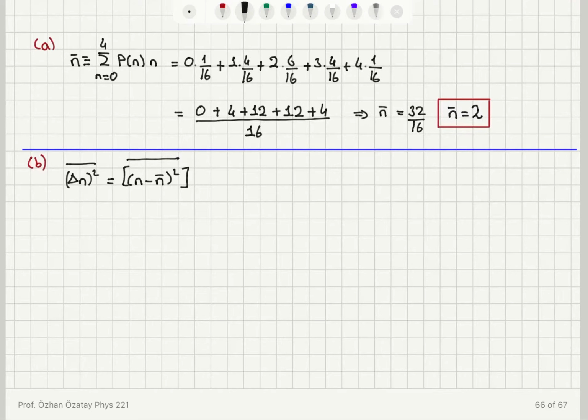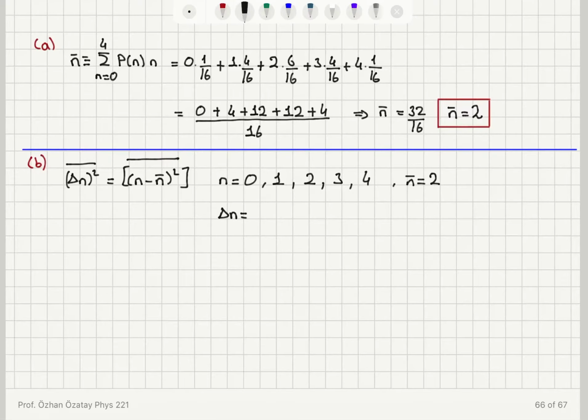So let me note here again the possible values of n were n equals 0, 1, 2, 3, 4. The corresponding possible values of n minus n bar, delta n, that's the deviation, are as follows. n bar is equal to 2 here, which is what I found in part A of the problem.